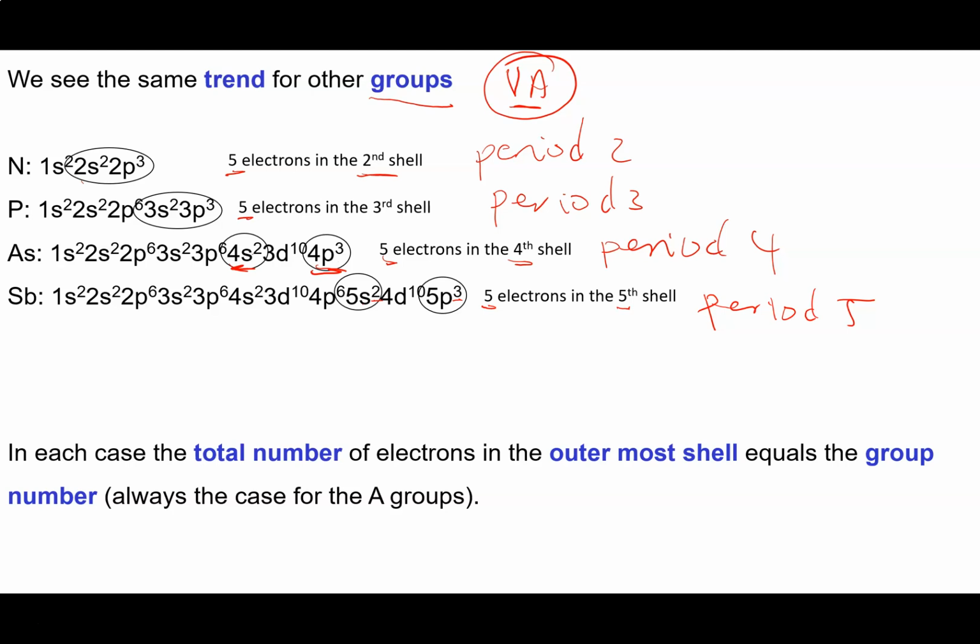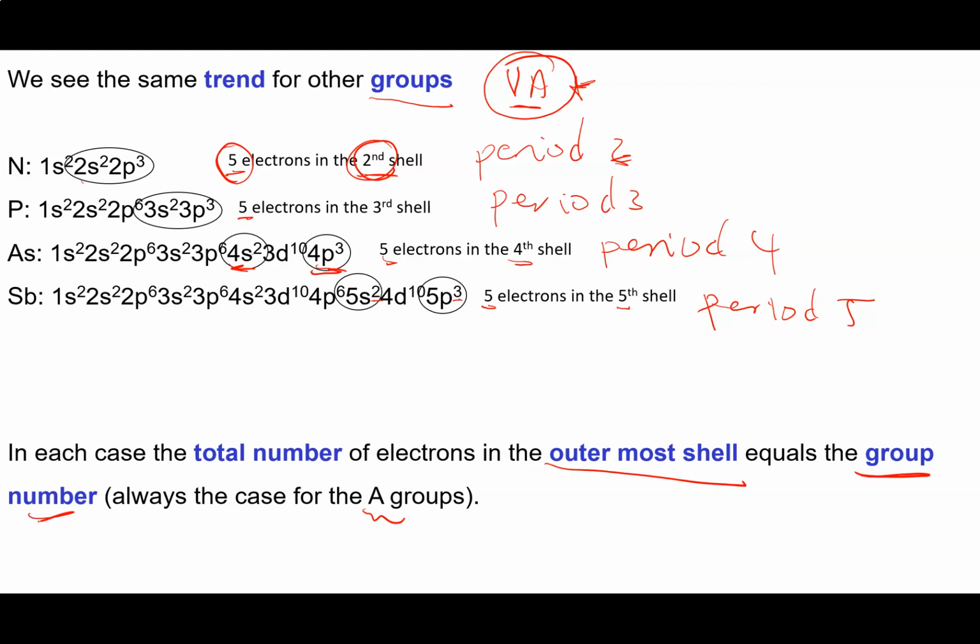So it looks like the number of outer electrons is related to the group number, and the period is related to the outermost shell. So that's what we can see, and we see that for any of the A groups, the total number of electrons in the outermost shell is always equal to the group number.